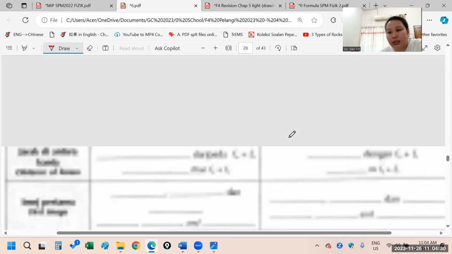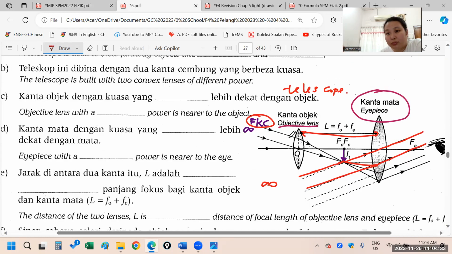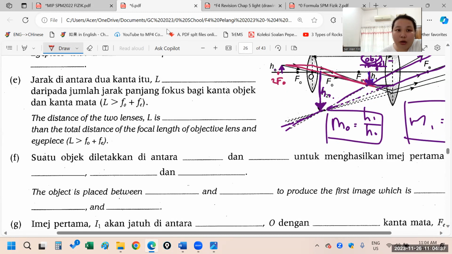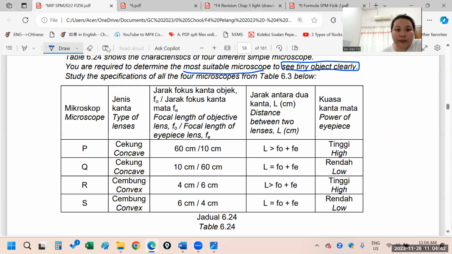You can see microscope, telescope, all convex. Convex. Focal length of the objective lens and focal length of the eyepiece. This is the objective lens. This is the eyepiece.